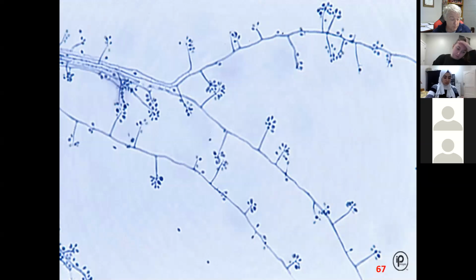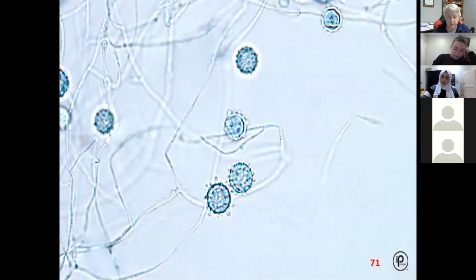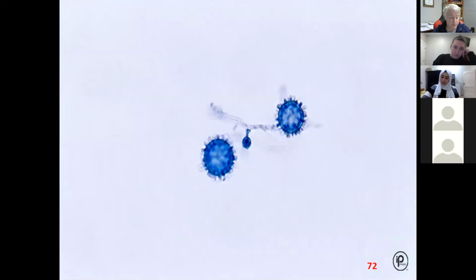This is Sporothrix schenckii. And a lot of slides we just saw on this last slideshow from lecture was Histoplasma capsulatum, 68. So the mold phase of 72, which is Histoplasma capsulatum mold phase.